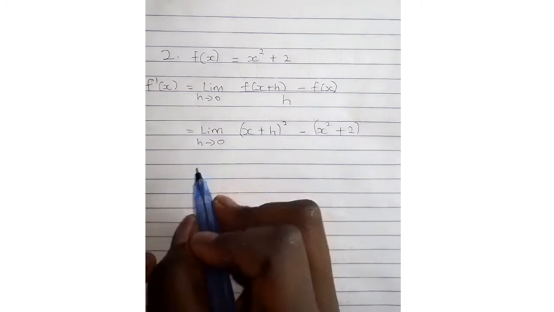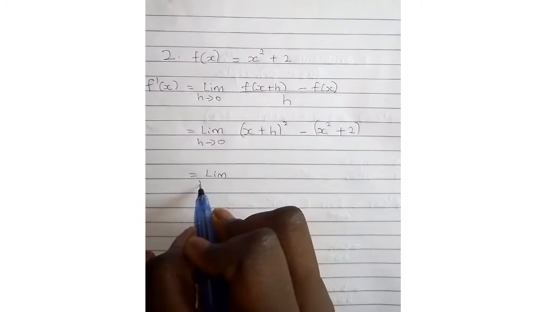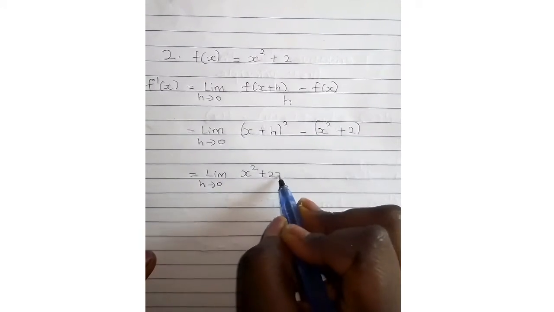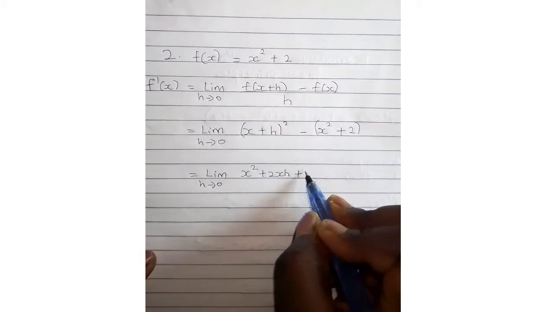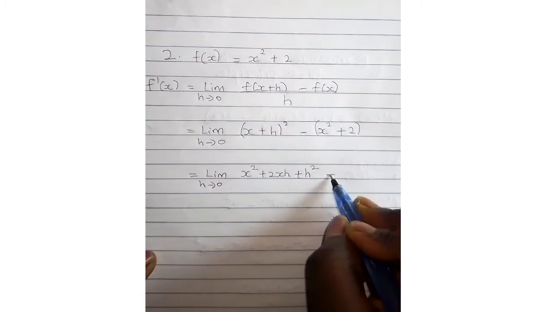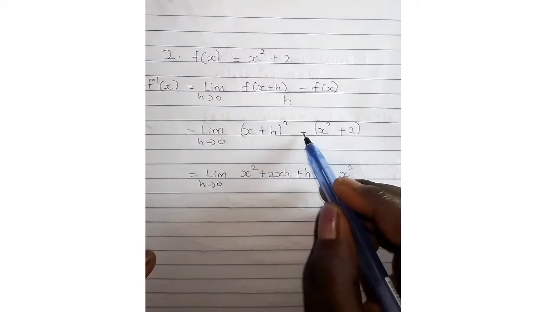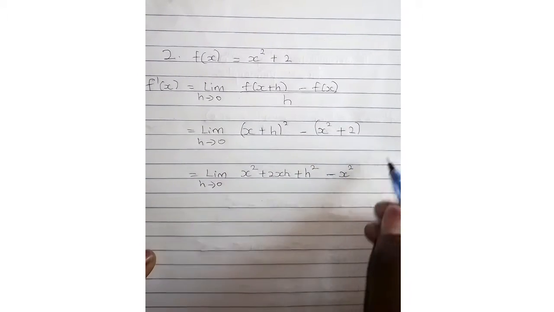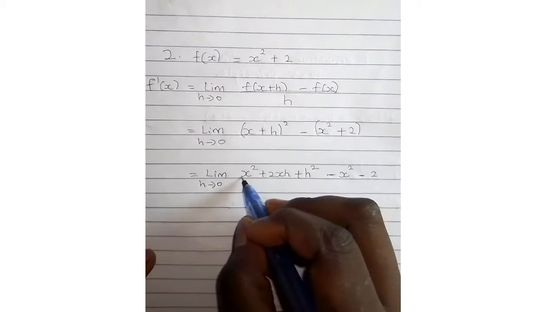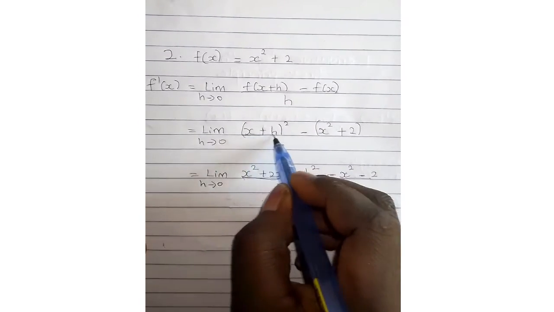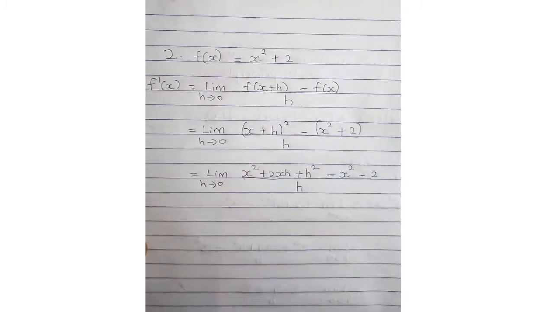By expanding this, we're going to have x squared plus 2xh plus h squared minus x squared, minus 2, all over h.